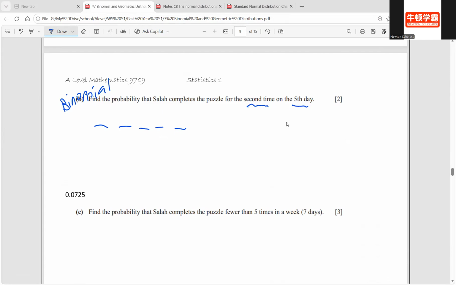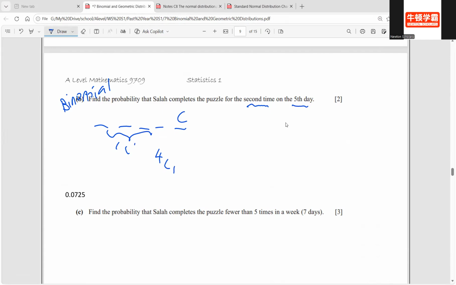For the fifth day, I put success because it is complete. Second time in the fifth day, so this one is a success. Because this is the second time, one of the successes should be in here, one of it in here, but we don't know where it is. So I can set 4 because we have 4 places.